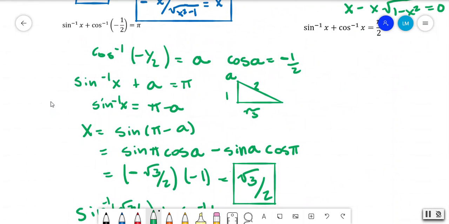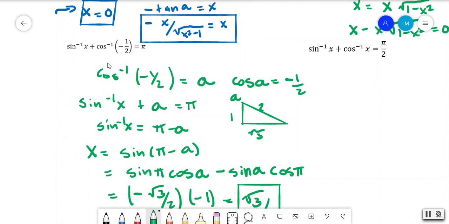Now, if you wanted to do it a little bit differently, you probably would have just said, let's rewrite this where that's going to be 2 pi over 3. Then that tells you that sine inverse of x is equal to pi minus 2 pi over 3, which is pi thirds.